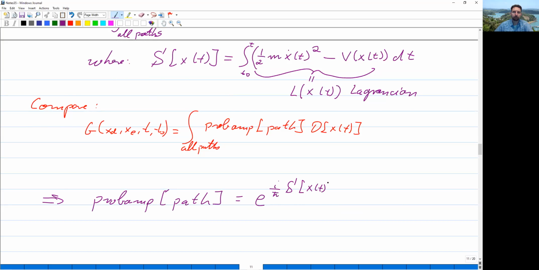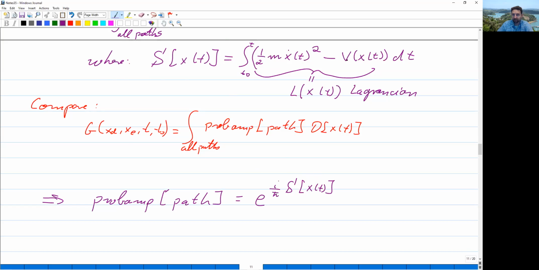Right? So this means that our neon atom, for example, if it travels through vacuum from one point to another, has a finite probability amplitude to take any arbitrary path. And the probability amplitude that it takes a particular path is obtained by taking the path x(t), plugging it into this formula here, which doesn't involve any quantum mechanics.